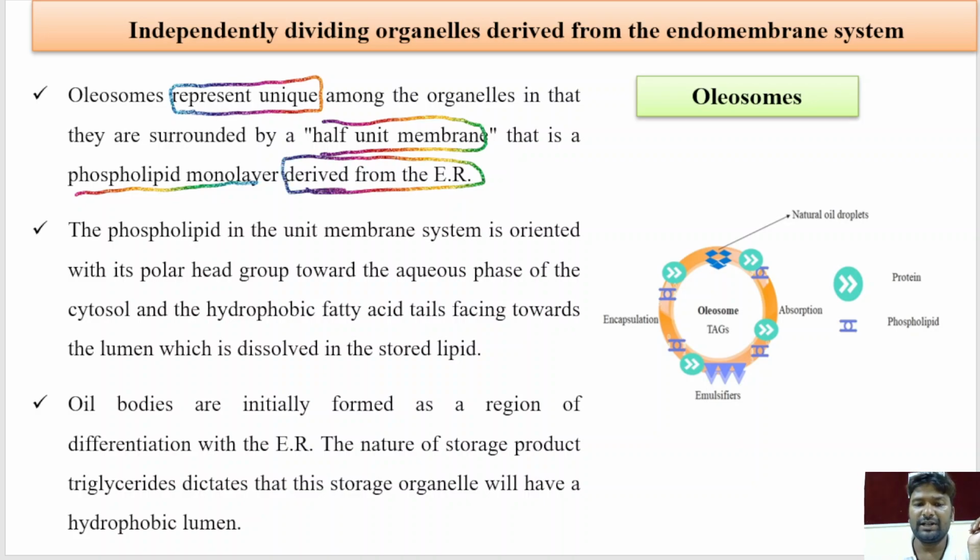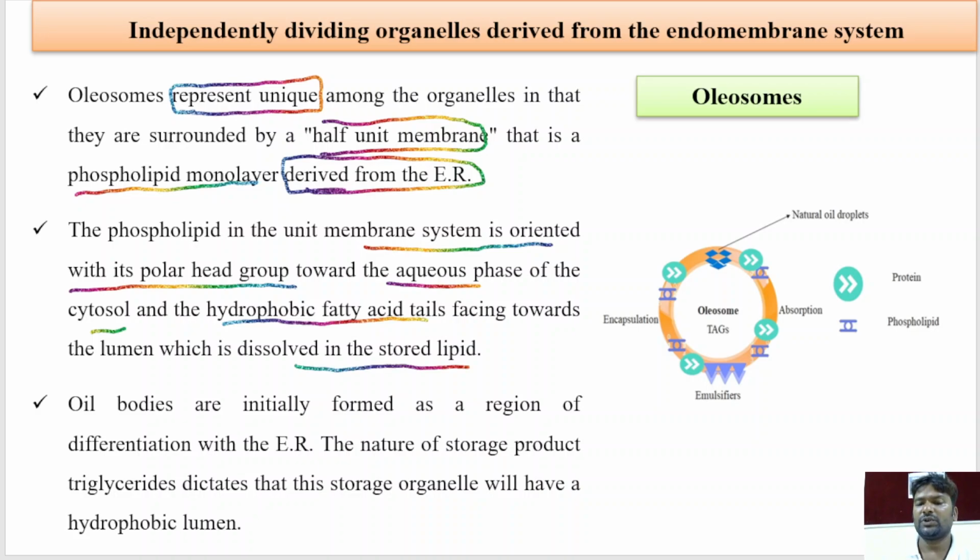The phospholipid in this membrane is oriented with its polar head groups toward the aqueous phase of the cytosol, and the hydrophobic fatty acid tails facing toward the lumen, which is dissolved in the stored lipid. So this is the structure of oleosomes.